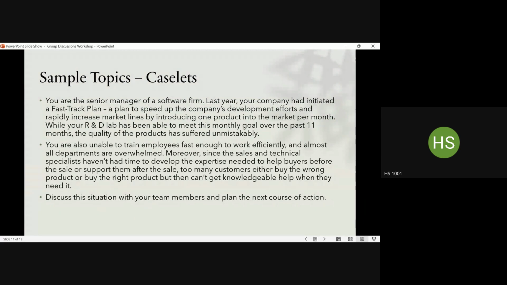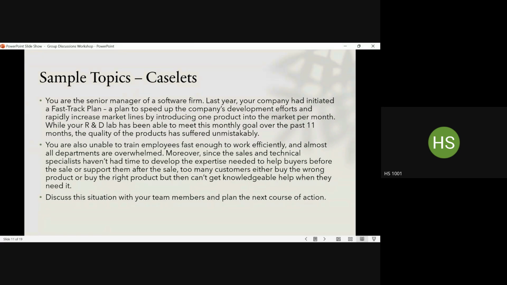So you will have a scenario spelled out for you exactly as you see on the screen, and on the basis of the scenario that is available to you, you will have to make your arguments, frame your arguments, deliver your perspective, etc. So if you look at the screen, you can see a case. A case is a scenario, a particular event or context in which you are required to operate.